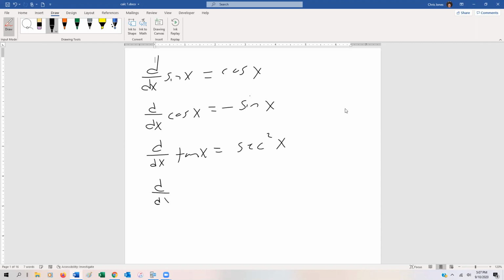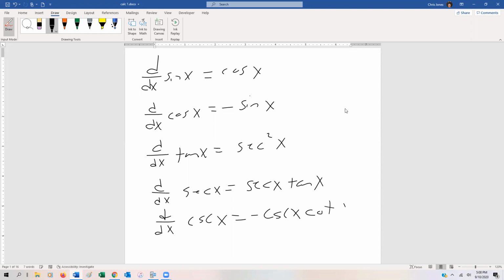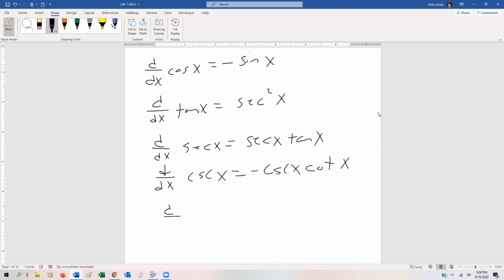So the derivative of secant is secant x tangent x. The derivative of cosecant x is negative cosecant x cotangent x. And then finally, the derivative of cotangent of x is negative cosecant squared of x.